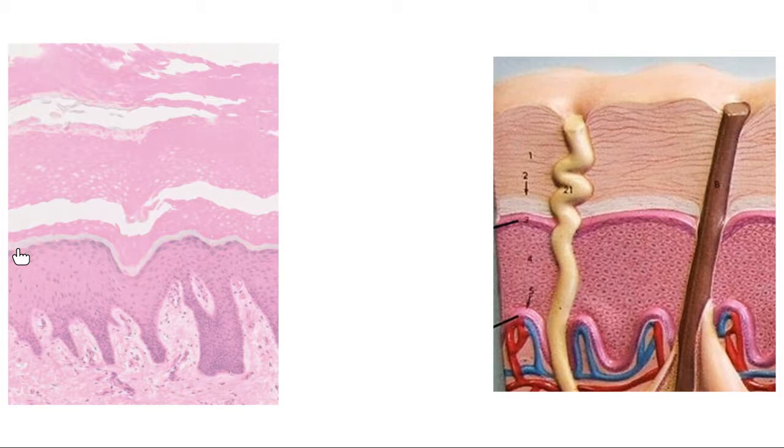So I would recommend going through and trying to practice identifying these layers on thick skin pictures and thin skin pictures. See if we can identify them on tissue pictures like this, because if you can do them on a tissue picture like this, I guarantee you, you're totally good on our skin model as well.